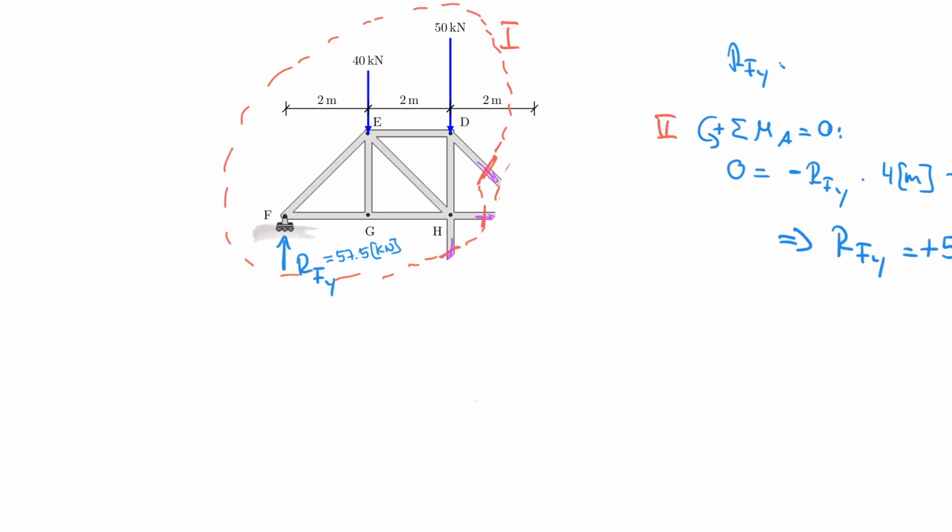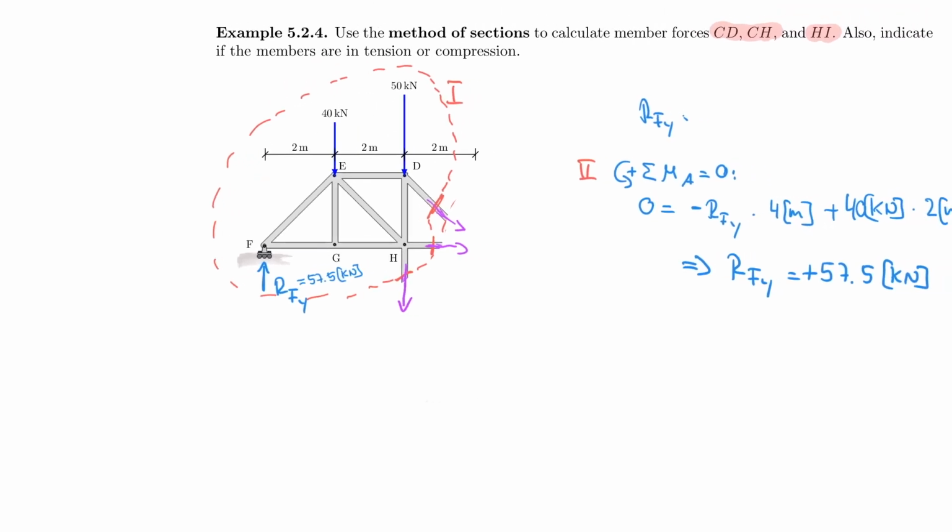And now I can use my sketch here. So to do that, let me bring down that force, and this force. And the easiest one to calculate is probably HI, right?